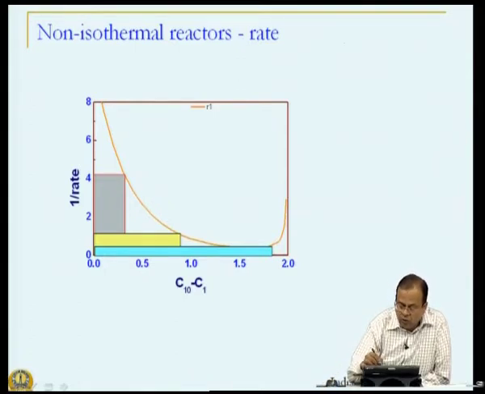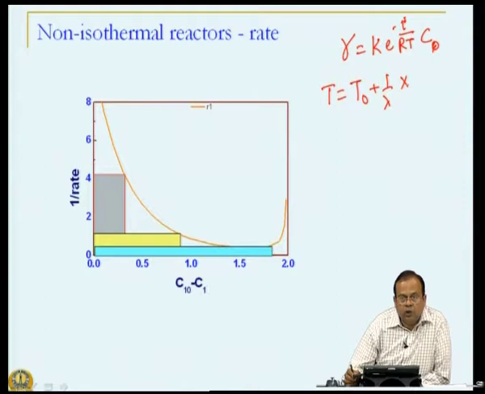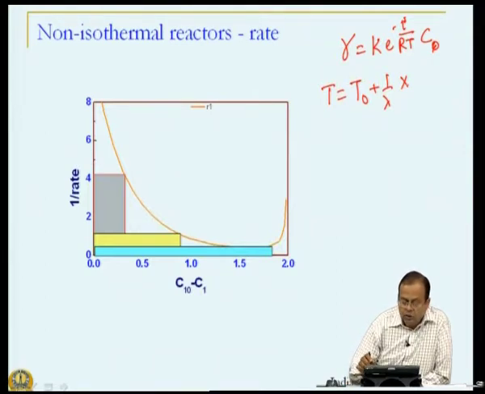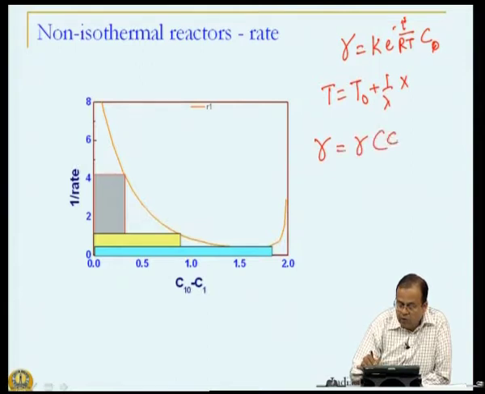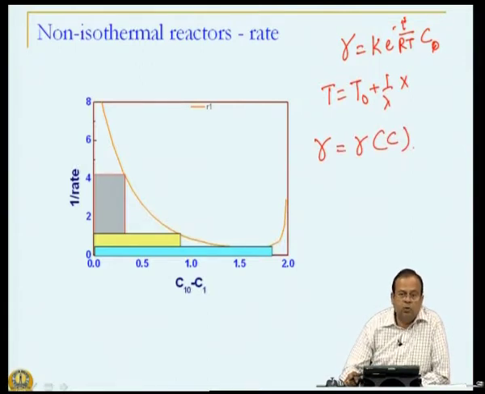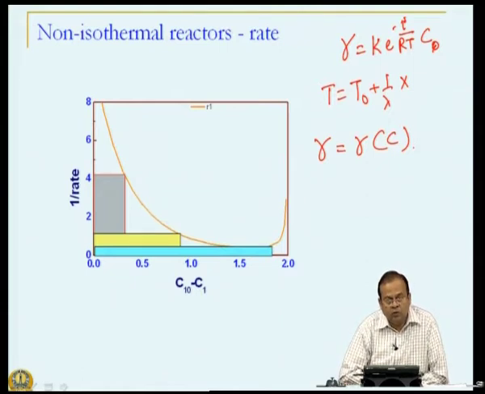So, let us go back to the rate, which is exponential of minus E by RT into C, and my temperature is related to conversion. So, what happens to the rate as a function of concentration, because a few minutes back we wrote this whole thing as a function of concentration.